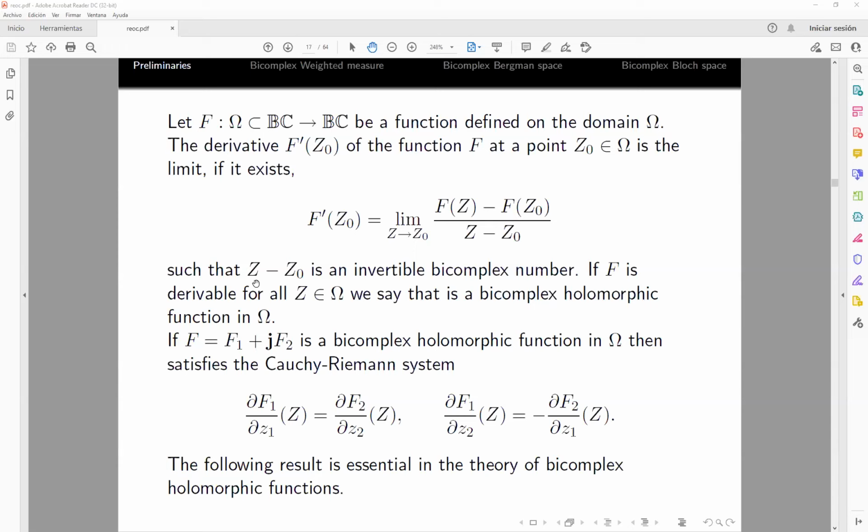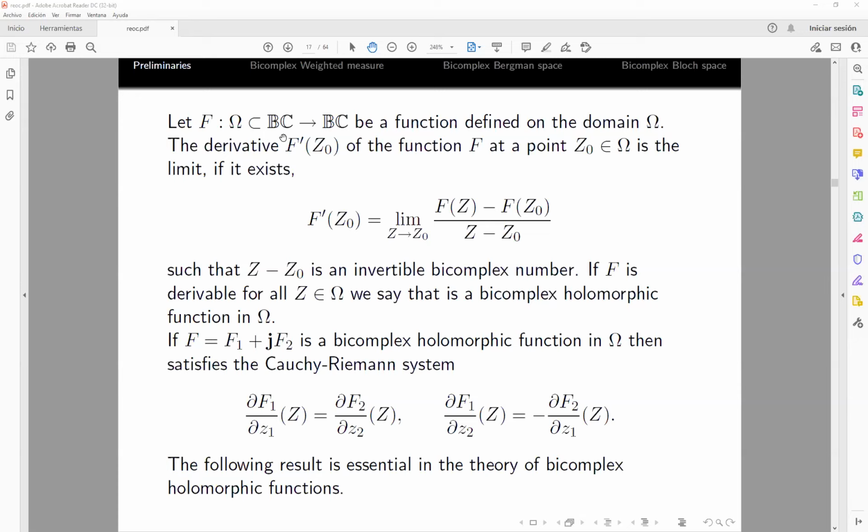Of course, C minus C0 is an invertible bicomplex number. It's necessary to avoid zero divisors, okay? And we will say that F is bicomplex derivable in omega if we can calculate this limit in each point of omega.